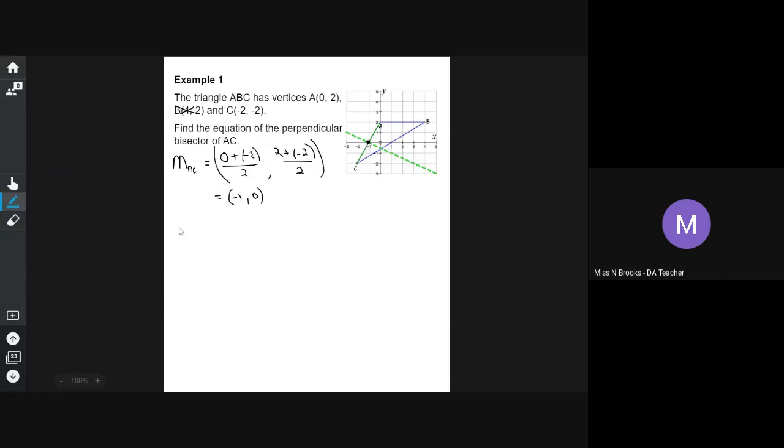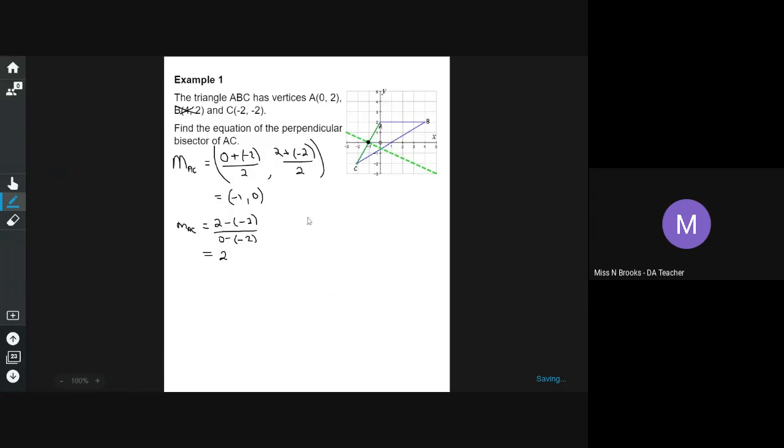So step 2 was to find the gradient, so little m of AC. And that is the difference in our y coordinates, so we're going to do 2 take away -2, and the difference in our x coordinates, so we're going to do 0 take away -2. And that gives us 4 divided by 2, which is 2.